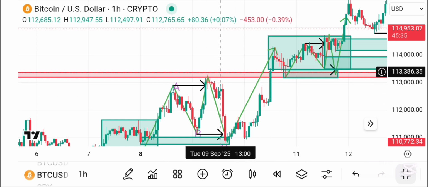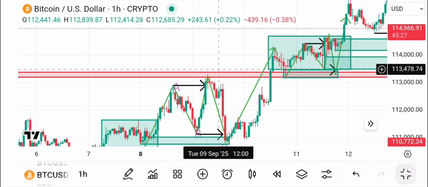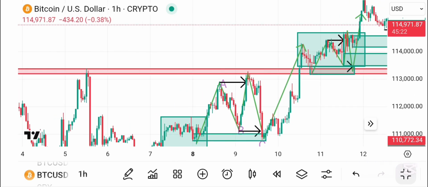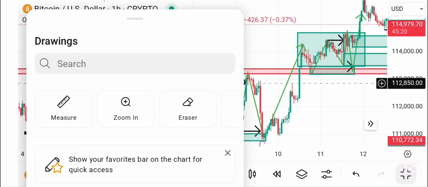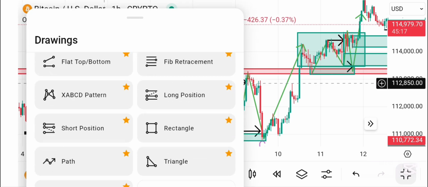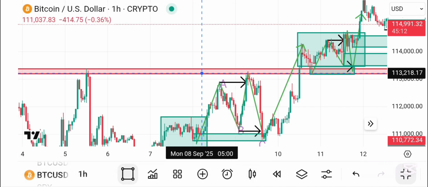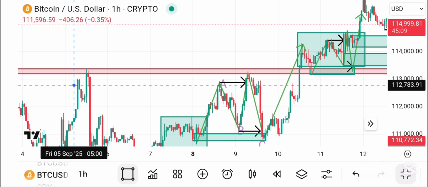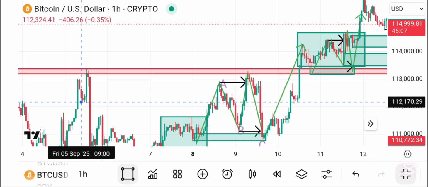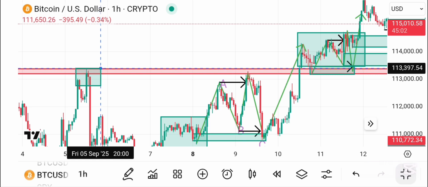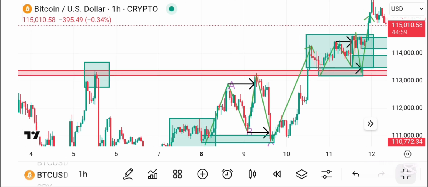But with that being said, for example, if price returns back here just like it did previously, we have to map out the zones with the tool. You can use the rectangle tool. Now what happened here, price visited this zone, right?